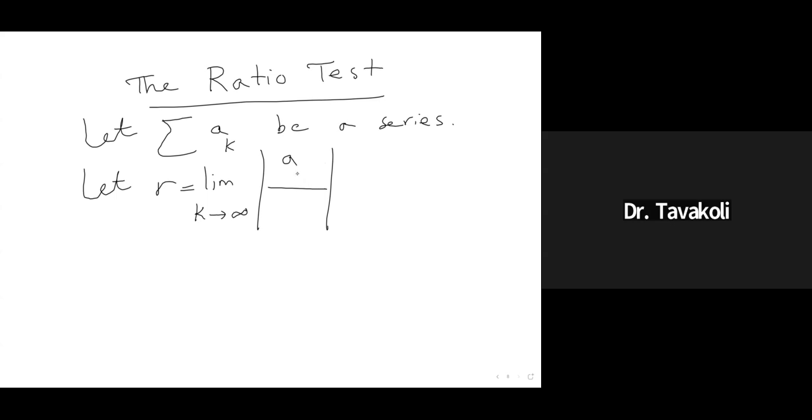When we do examples, that will be more clear. So suppose R is the limit as k tends to infinity of a_(k+1), the (k+1)th term, over a_k, the kth term.